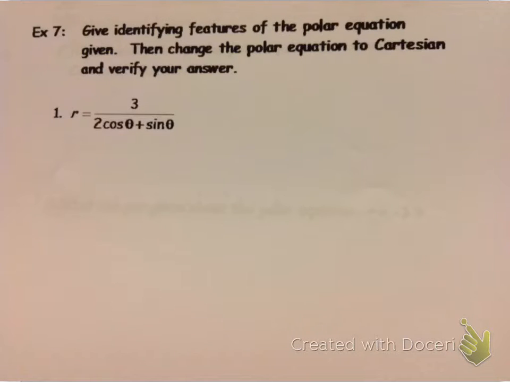So what I've got here is an equation where my a value, my numerator, is 3. My b value, the coefficient in front of the cosine, is 2. And then my c value is 1. Okay?